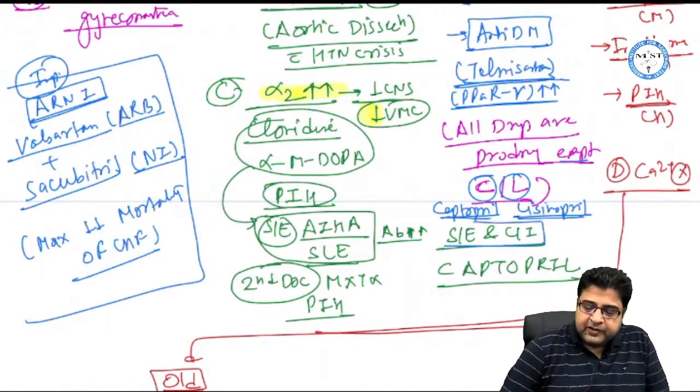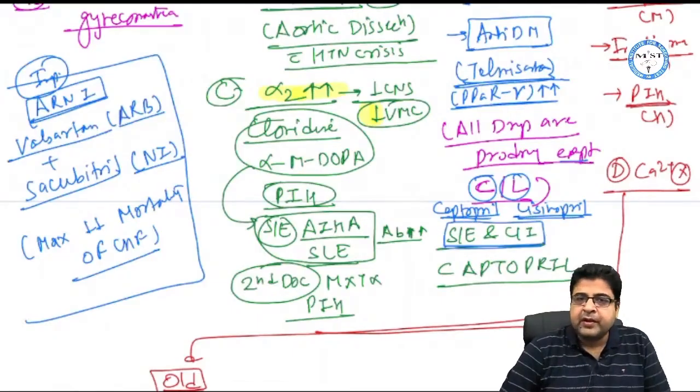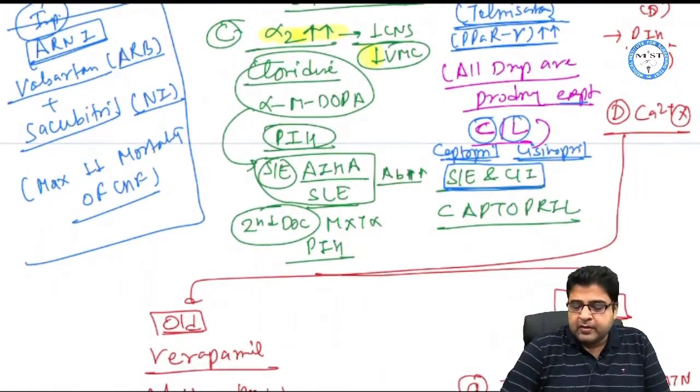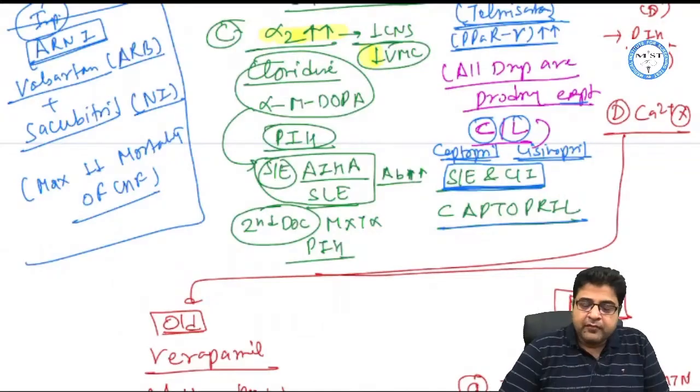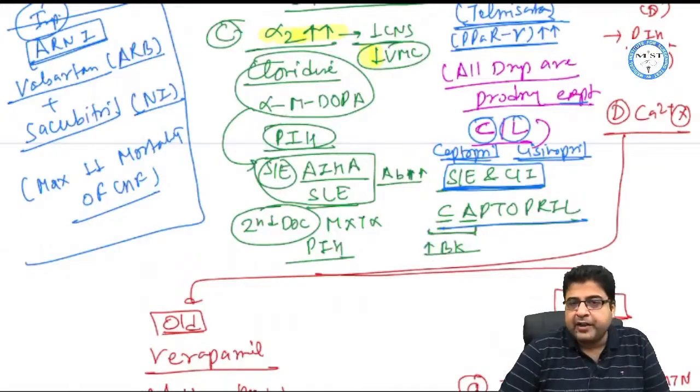Now what are the side effects and contraindications of ACE inhibitor and ARB? Whenever we give ACE inhibitor and ARB, the mnemonic of side effects and contraindications is CAPTOPRIL, where C stands for cough. We discussed that C stands for cough, A stands for angioedema. C and A is cough and angioedema, and this is due to the excess of bradykinin.